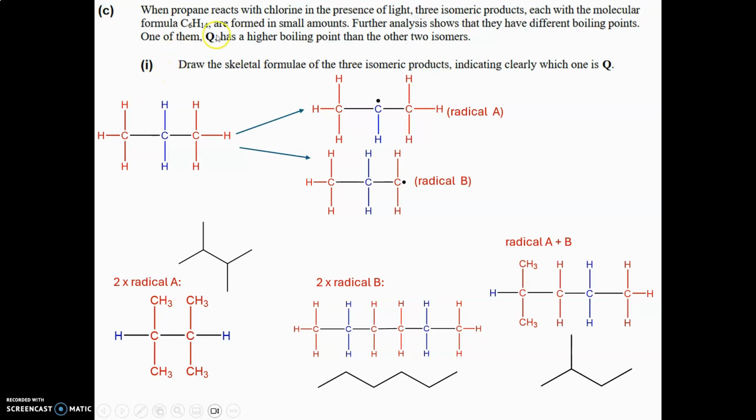Next slide: Q has a higher boiling point than the other 2 isomers. So Q will be the straight chain isomer. Explain why Q has a higher boiling point than the other 2 isomers. This is testing you on the effect of branching of hydrocarbons on boiling point. We know that the lower the degree of branching in the hydrocarbon, the higher the boiling point.